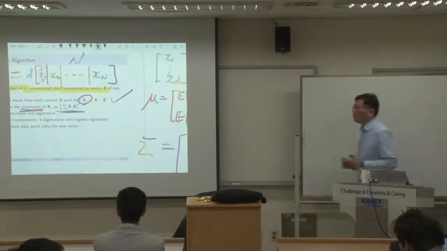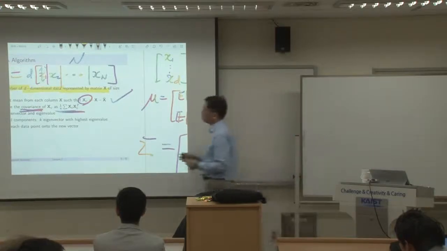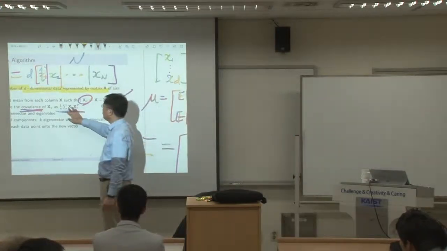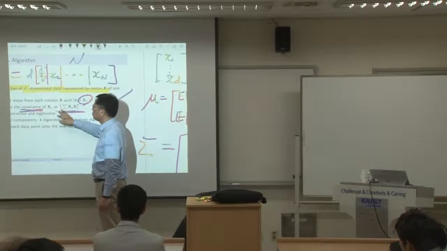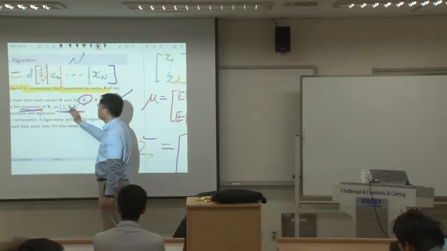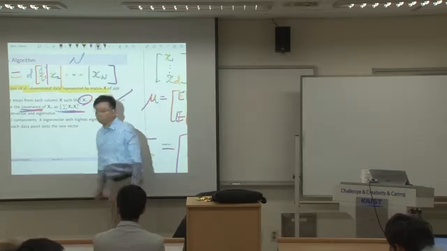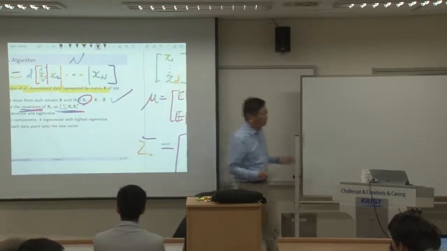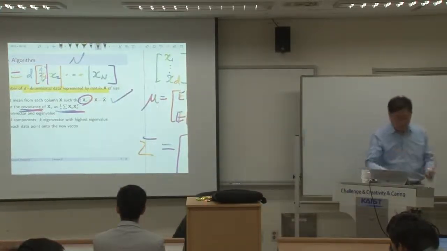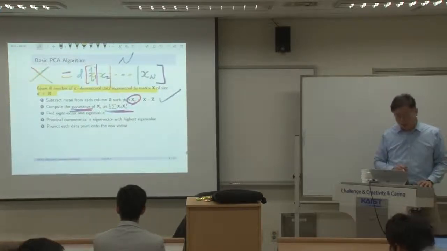You take the outer product, take this matrix and then take the average, and this will be the estimated covariance. So it's a d by d matrix.